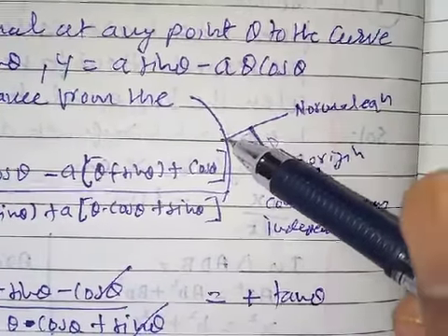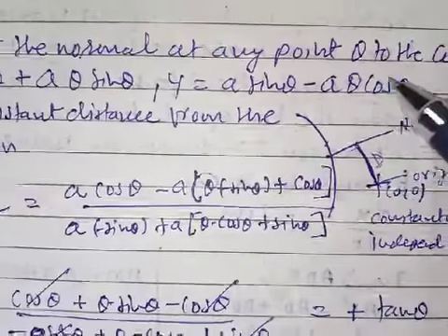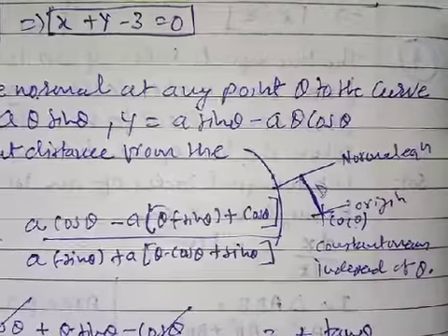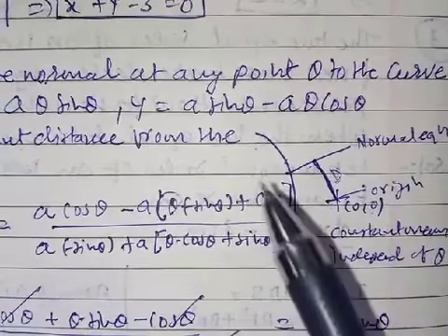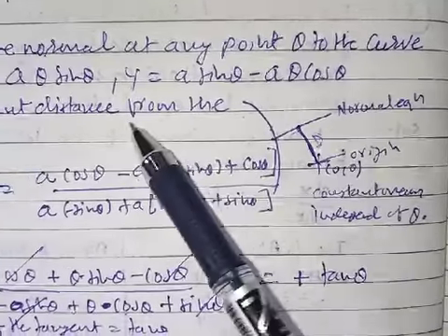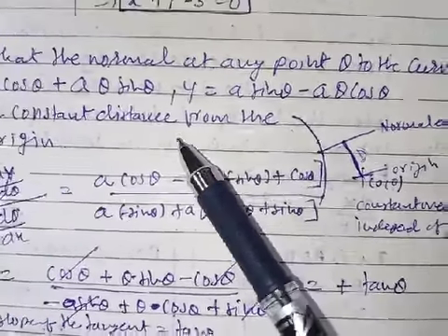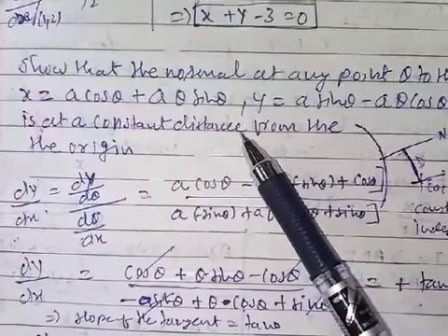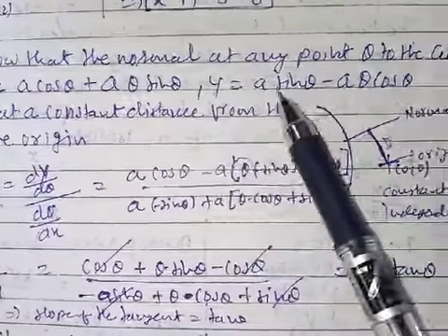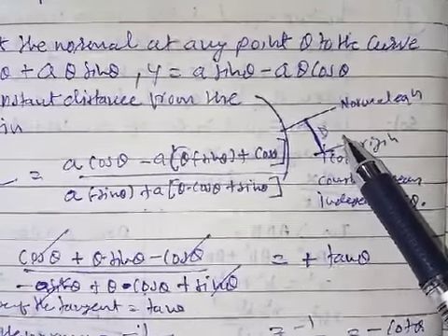To show the perpendicular distance is constant, there should not be any theta value, that is, it is independent of theta. If you take the distance and there is no theta, then it is proved that the distance is constant. This is very important to know, how you prove constant. Here theta is variable, so there should not be any variable when you take the perpendicular distance between these two points.